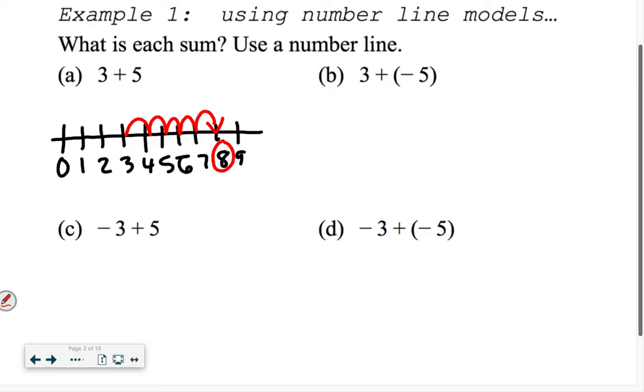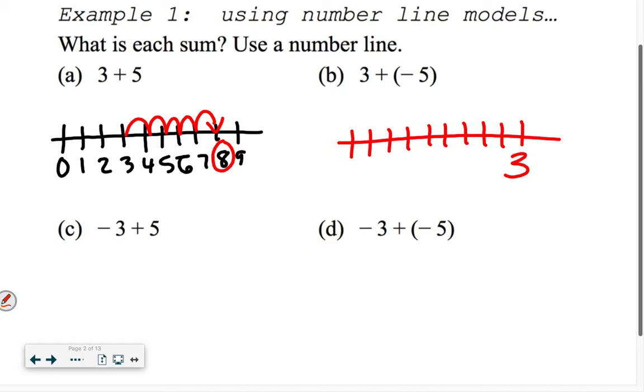B, 3 plus negative 5. So I'm starting at 3. Now normally with addition you would go to the right, but then we have a negative, so we've got to go opposite of that and flip it back left.